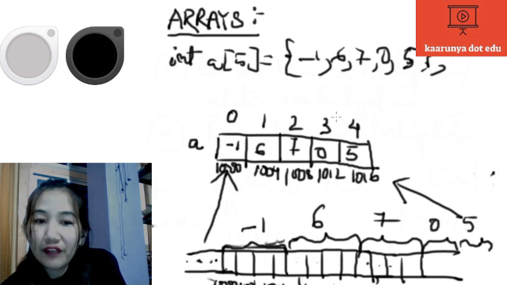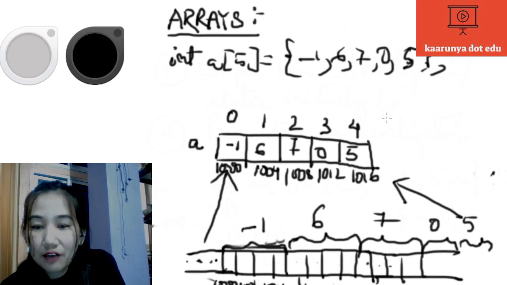How can arrays be accessed? Arrays can be accessed by using the index, meaning here 0, 1, 2, 3, 4.